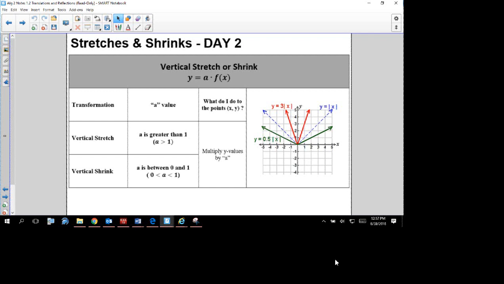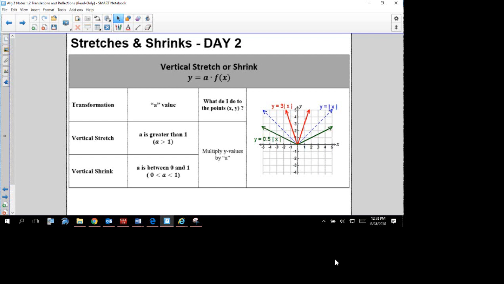What does this do to your absolute value? A reflection is what it's doing, but what in the equation does? A negative sign. And you would say reflect over the x-axis, but it's the negative that does it. So when we're multiplying by a number, it either skinnies it or widens.